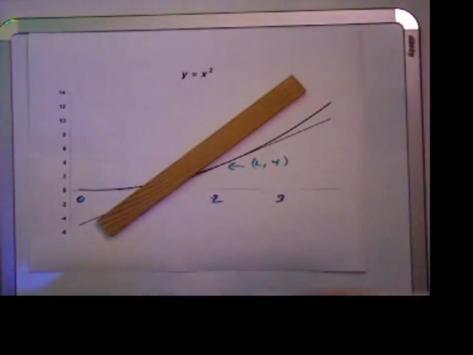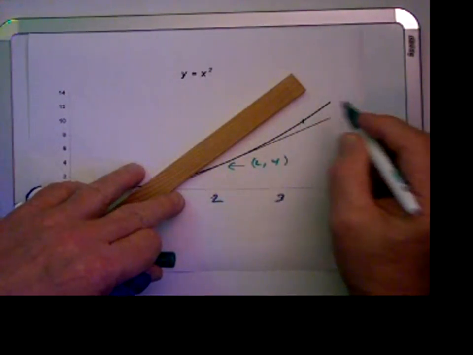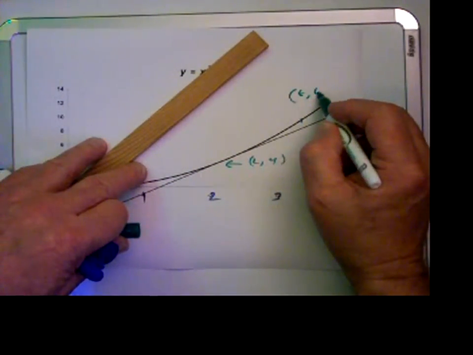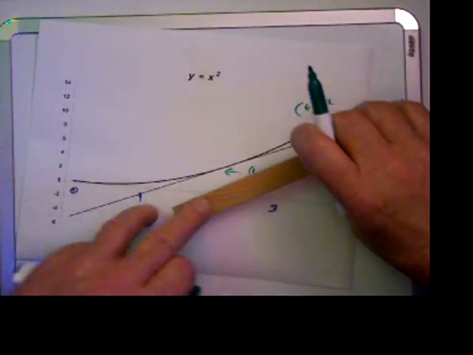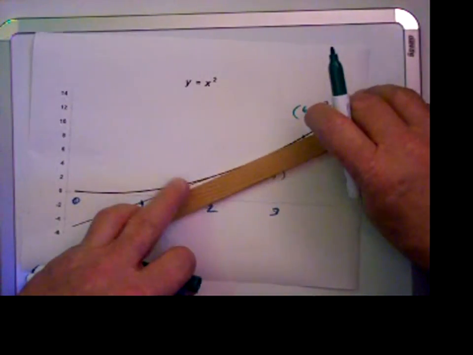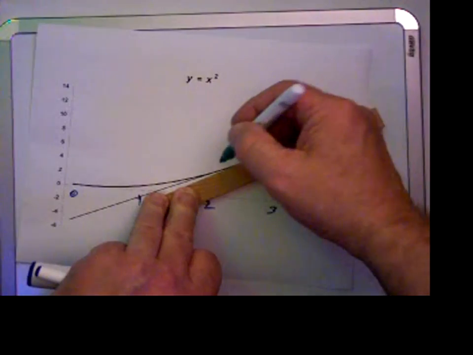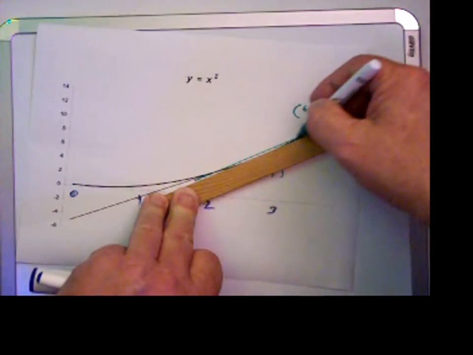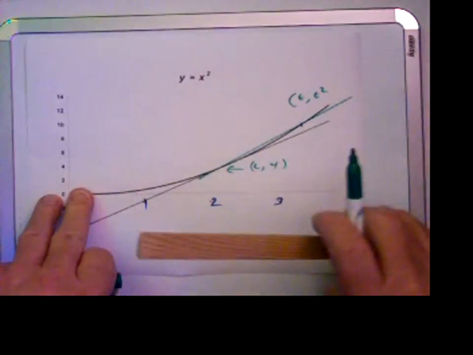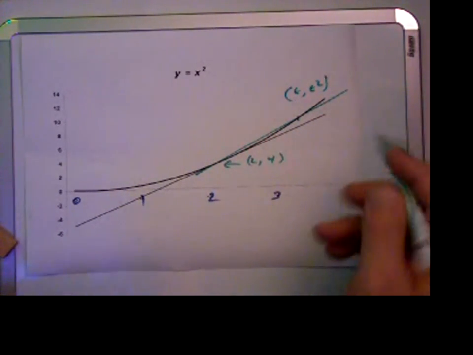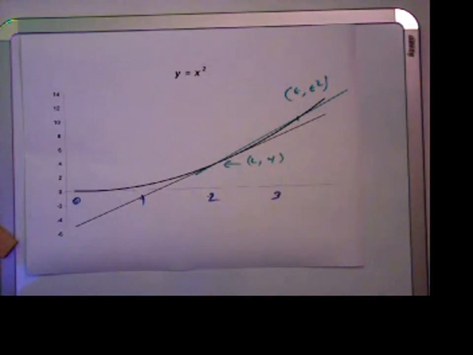I'm going to pick a t. So this is t, t squared. And I'm going to draw a tangent line through that point, and try not to screw this up. Get the slope of that line, and then we'll pretend to let t vanish.